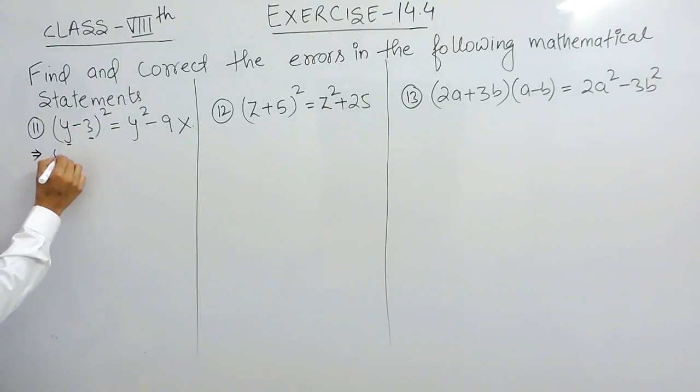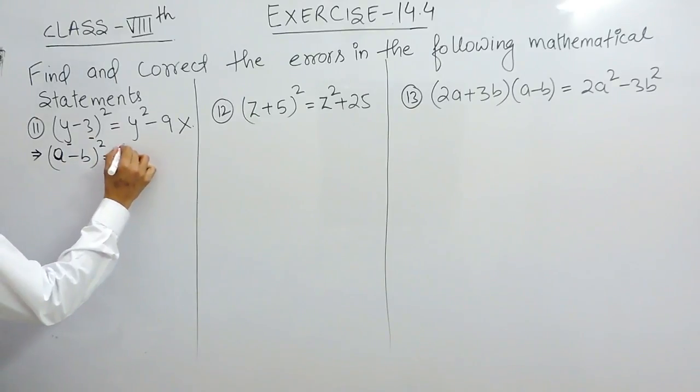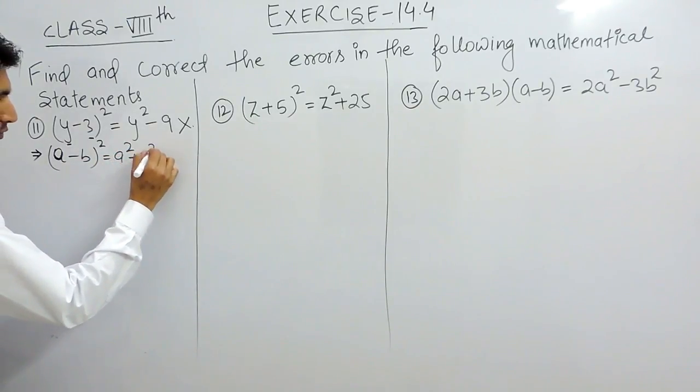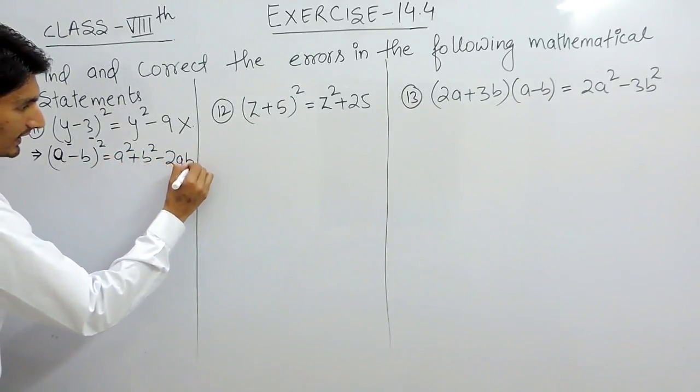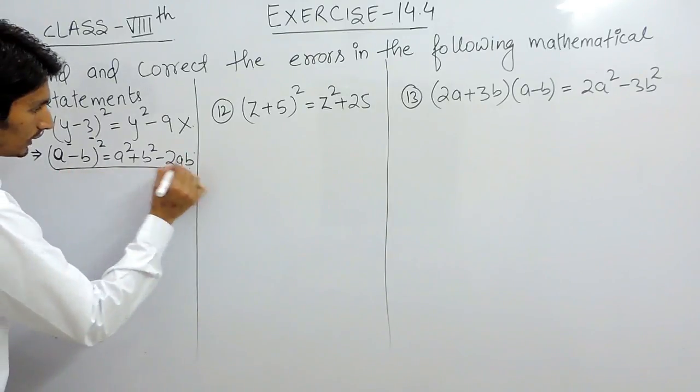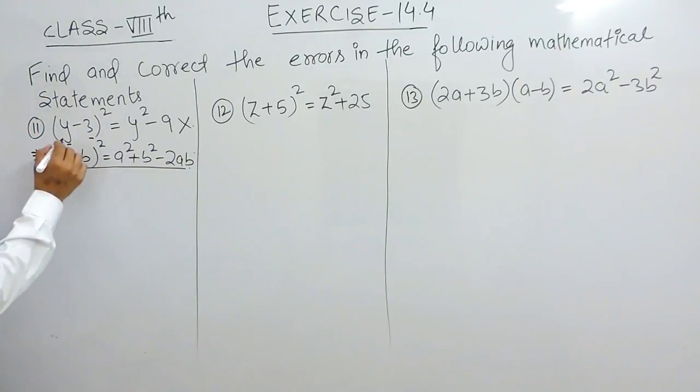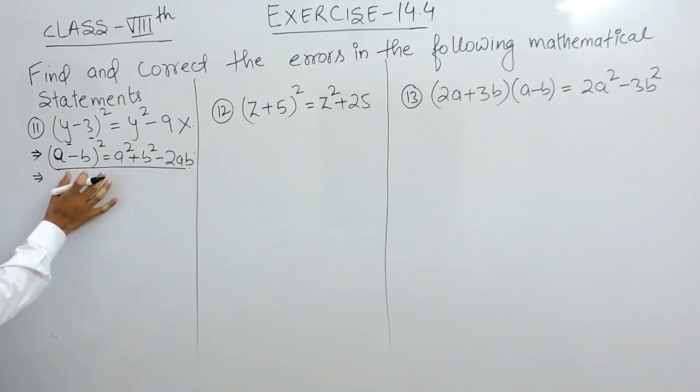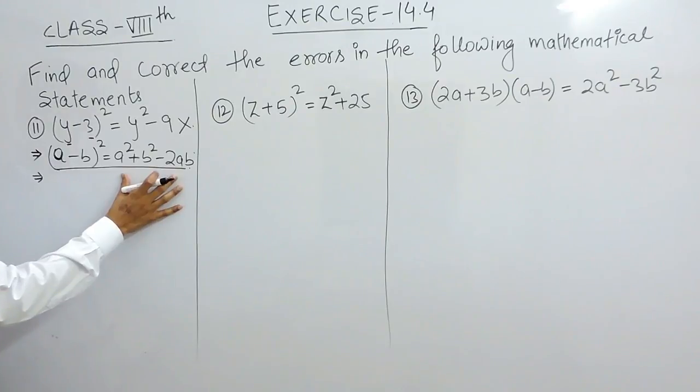We know that (a minus b) whole square is equal to a square plus b square minus 2ab. If you want to solve this, you have to use this formula.